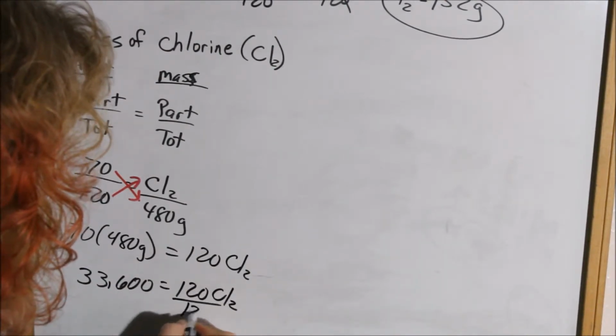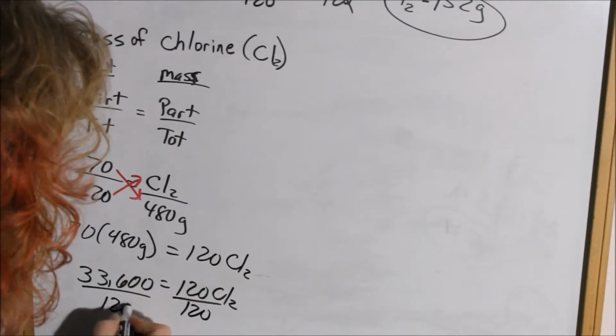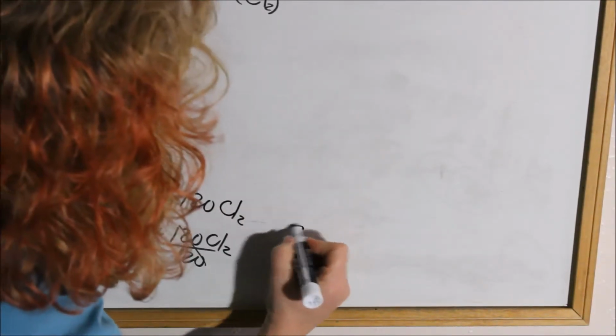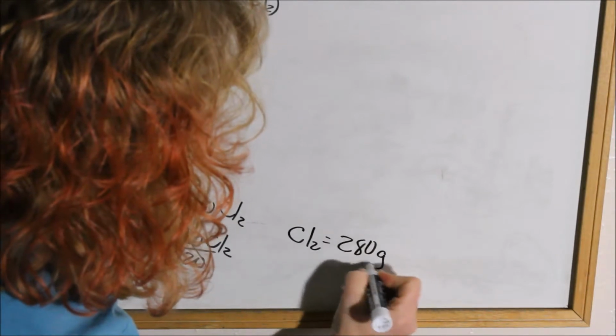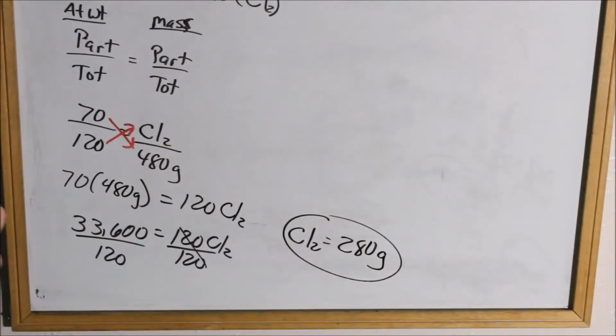We're going to divide both sides by 120. So that means that the amount of chlorine we have is 280 grams. Again, don't mistake this for finding the percentage. We just found the amount of each of our elements, not the percentage.